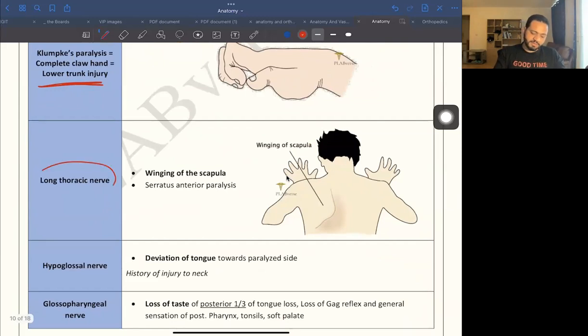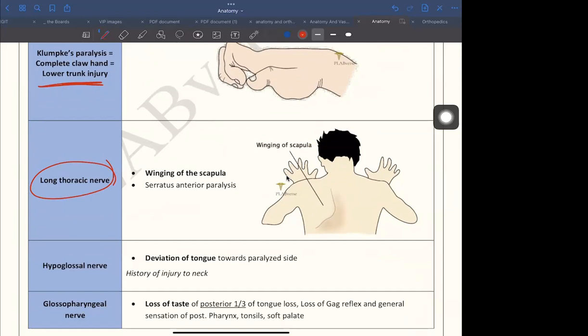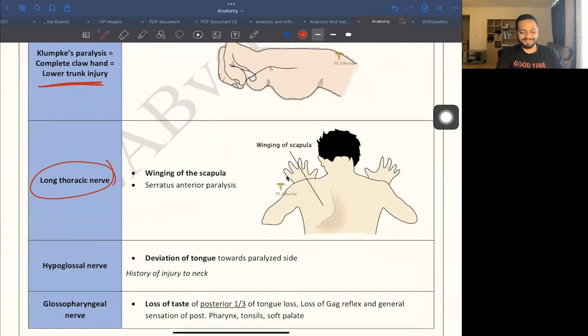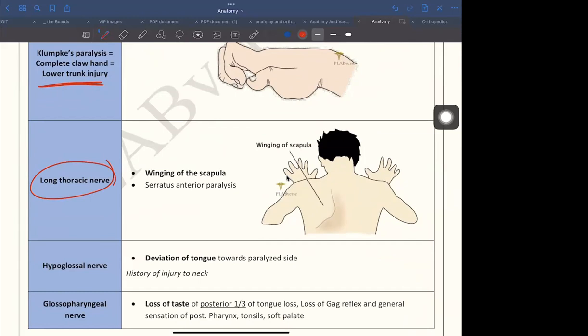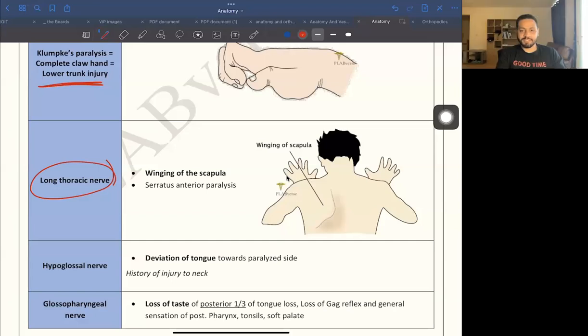So the long thoracic nerve, this is a very common injury which happens. Does anybody know the story? When does the long thoracic nerve injury happen? There's a very common story in medicine: how does the long thoracic nerve injury happen? Does anybody know? Basketball players, but I can't remember why. No? No. Long thoracic nerve. It happens after surgery.